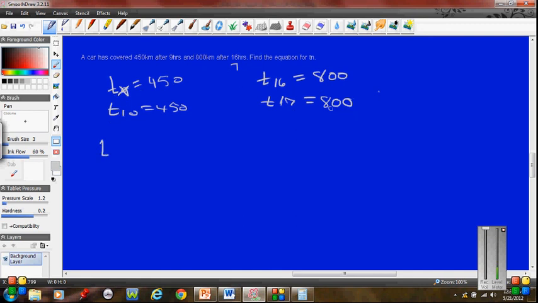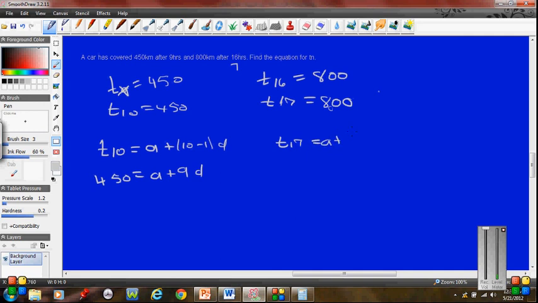So T10 is equal to a plus 10 minus 1 d, is equal to a plus 9d, equal to 450.